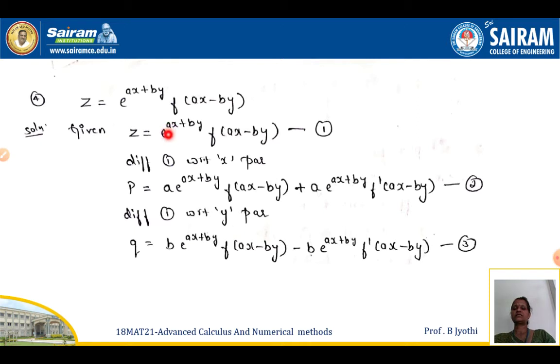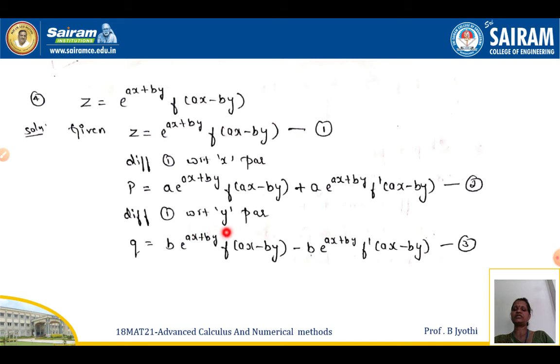So let us treat e to the power of ax plus by as it is and differentiate the f function. So ax, when we differentiate, a gets multiplied. Similarly, if you differentiate e power ax plus by, again a will be multiplied. Sorry, this is e to the power of ax plus by into f dash we have done. So in either case a will be multiplied.